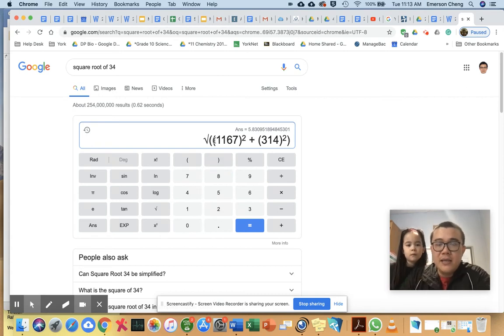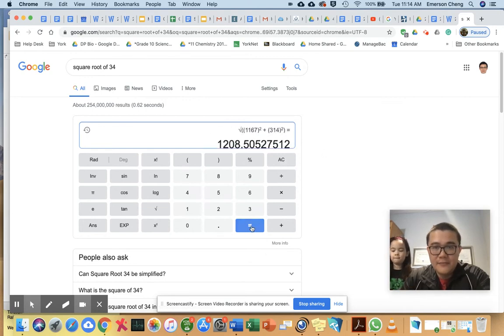Now you need to be careful, because on the computer as well as on your calculator you need a big bracket around this whole thing. Otherwise, what you're telling the calculator to do is just find the square root of this and then add 314 squared, which is not right. So make sure you have a bracket around that.